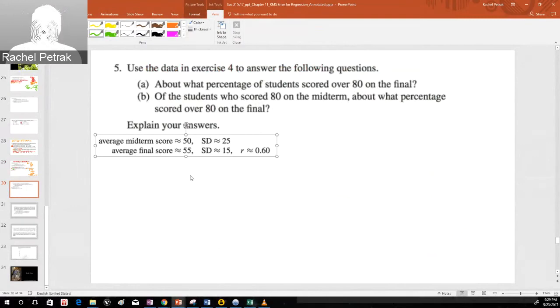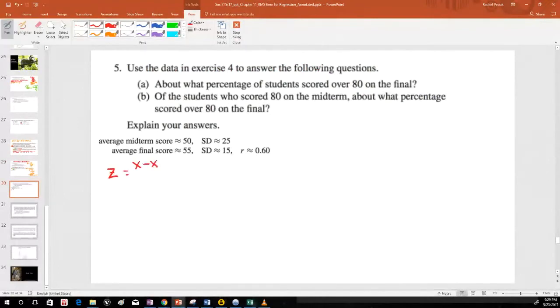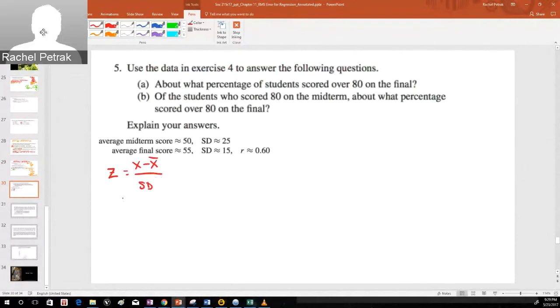Okay, well, for the final score of 80 we can get the percentage using that same method by converting 80 to a z-score. So that's going to be 80 minus our mean of 55, over a standard deviation of 15.